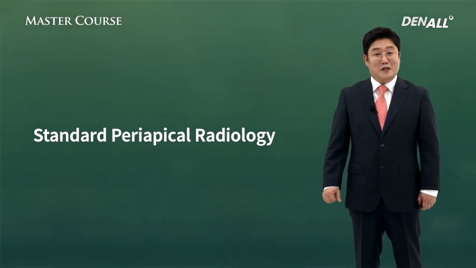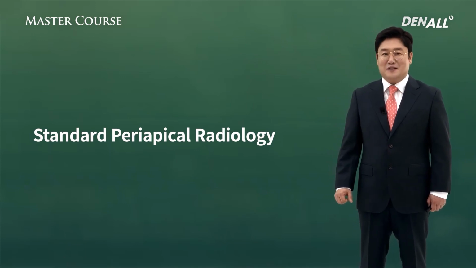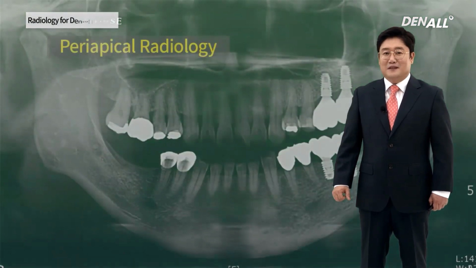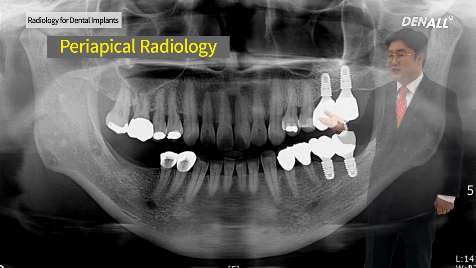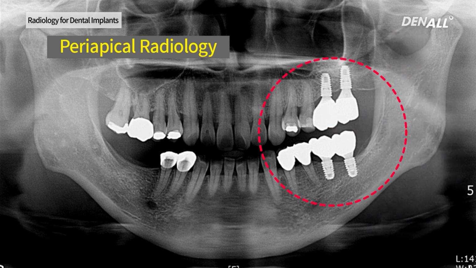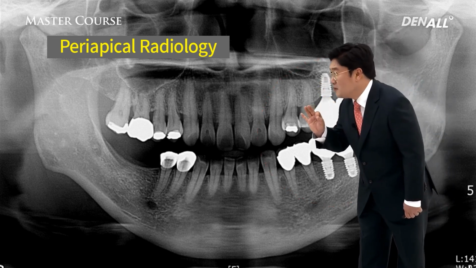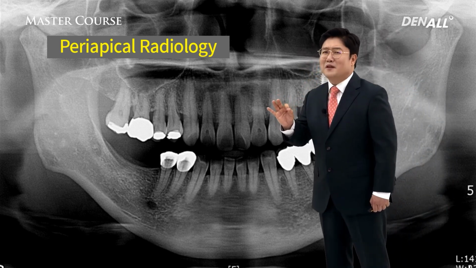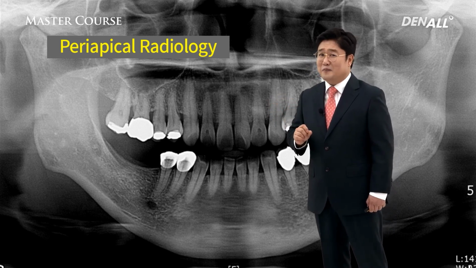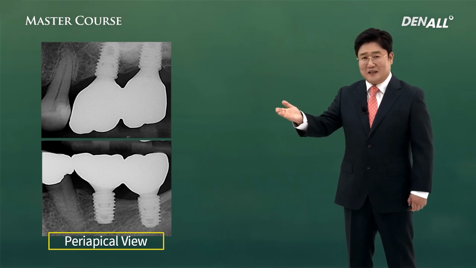Lastly, standard radiology or standard periapical radiology. Panorama X-ray picture. At the upper and lower left posterior areas, implants were placed. If you want to look at it in more detail, panorama is not quite sufficient. In that case, periapical X-ray can be taken, periapical views.